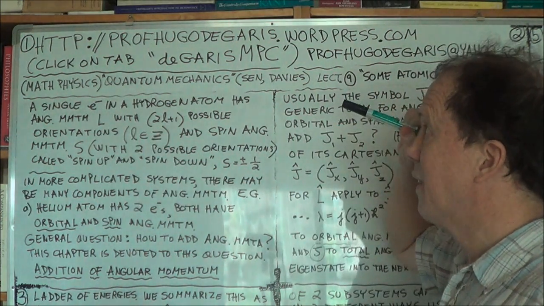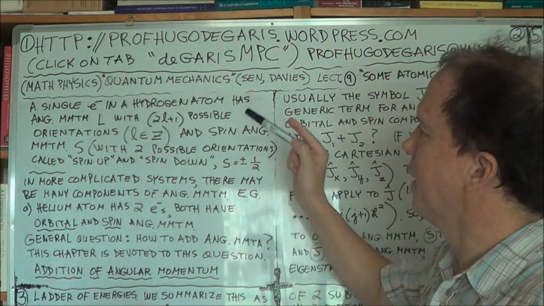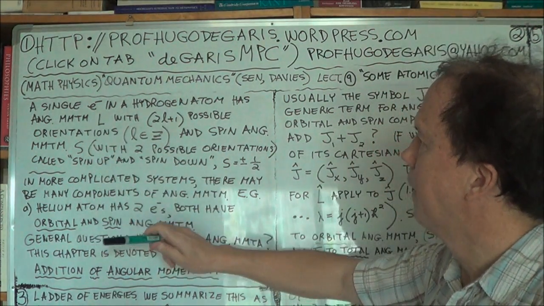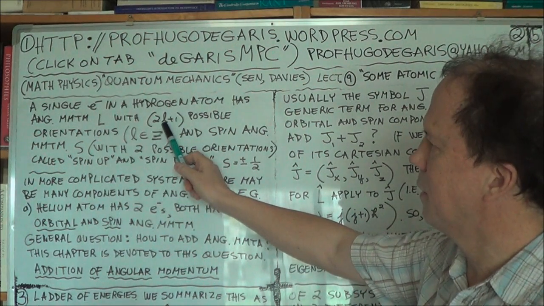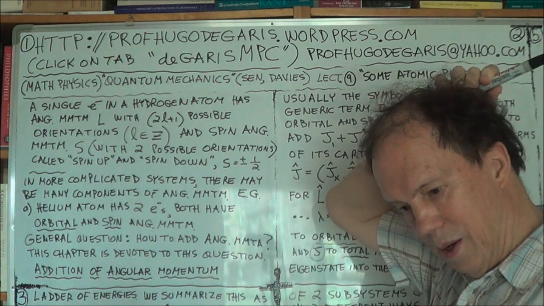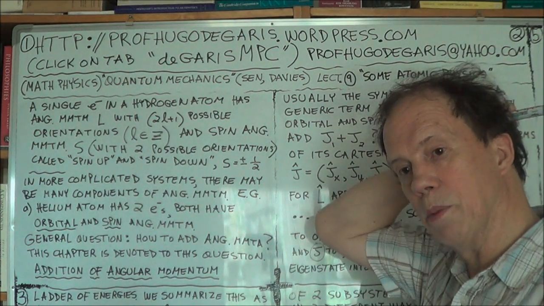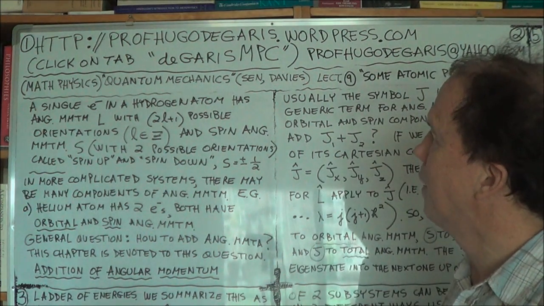A single electron in a hydrogen atom will have angular momentum L, where little l is an eigenvalue of the allowed angular momentum when you quantize it.